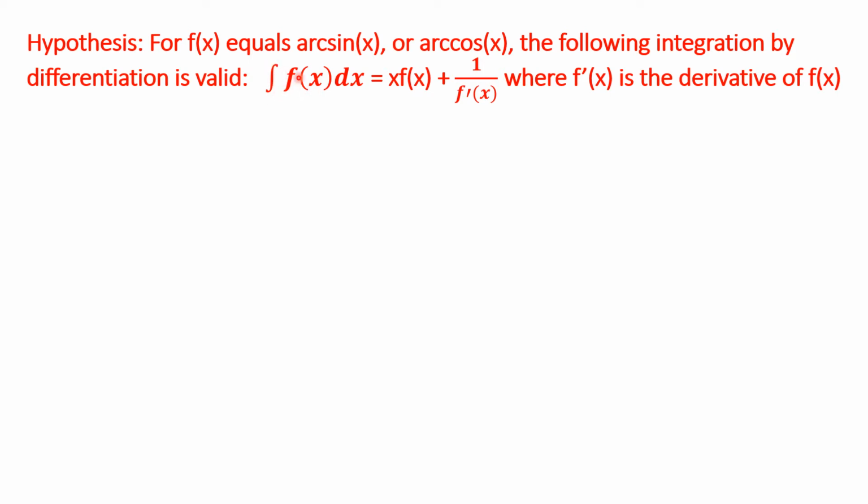The integral of f of x dx equals x multiplied by f of x plus 1 divided by f prime of x, where f prime of x is the derivative of f of x.